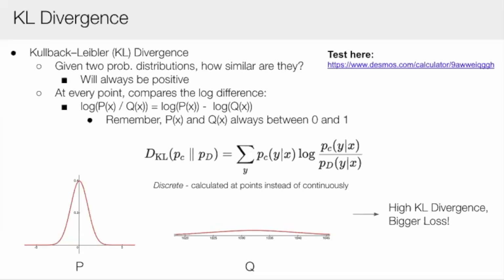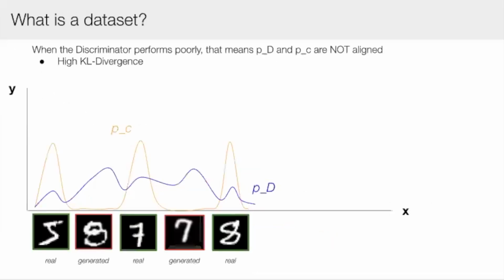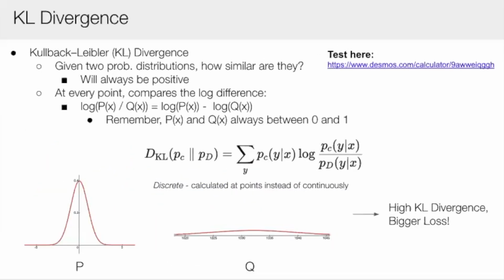A summation is discrete, so for each element, for each label, we take the log difference for that image between our ground truth and the discriminator.